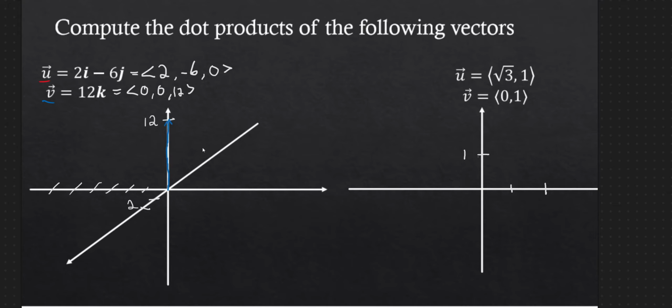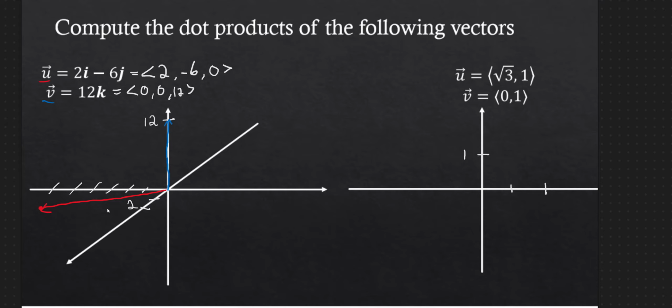We can imagine v as the displacement. It doesn't have to be, but for our purposes, we can imagine it as displacement. So this object that's at the origin moved 12 units upward. And the force that's applied, u, is 2i minus 6j. That's over here, and that's in the xy plane.